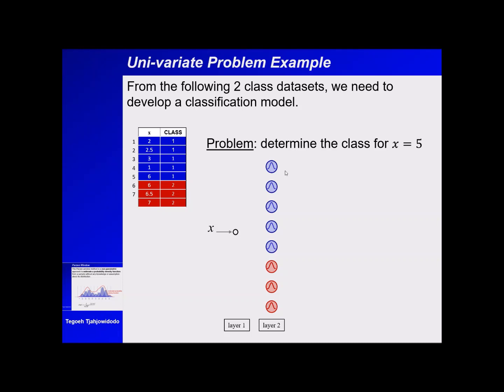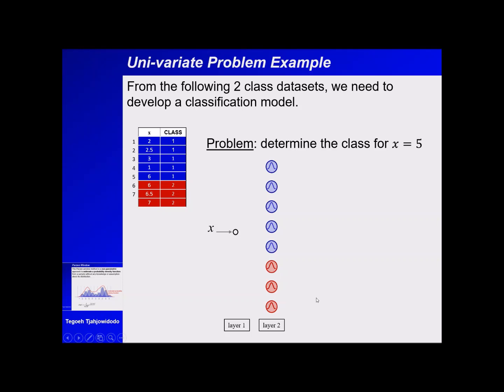So I choose any sigma that I want, but the mu for the first neuron is 2, the mu for the second neuron is 2.5, for the third one is 3, 1, 6, and for the remaining 3 that belong to the second class, the means will be 6, 6.5, and 7.